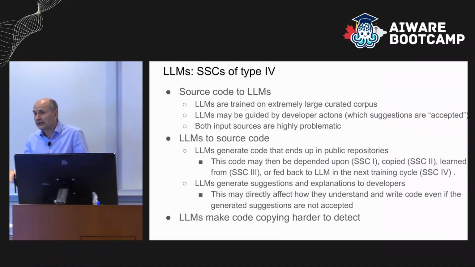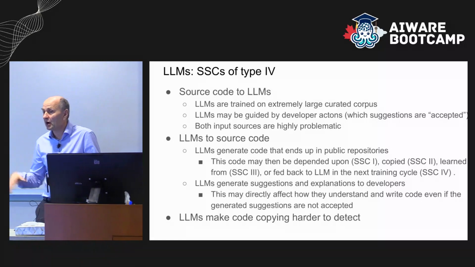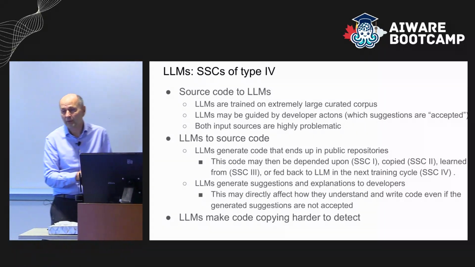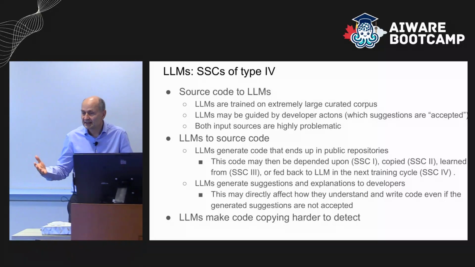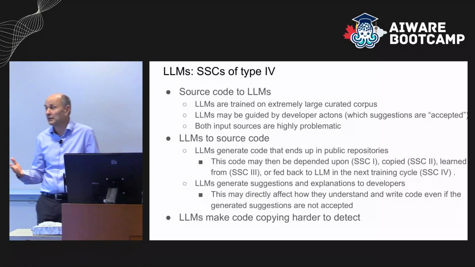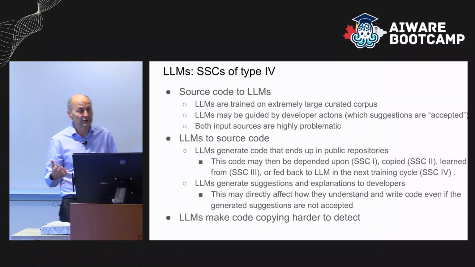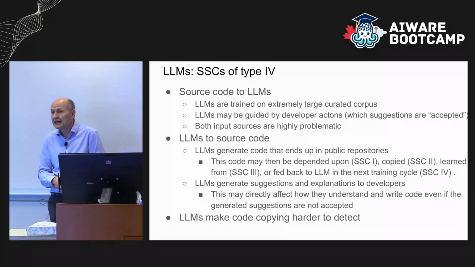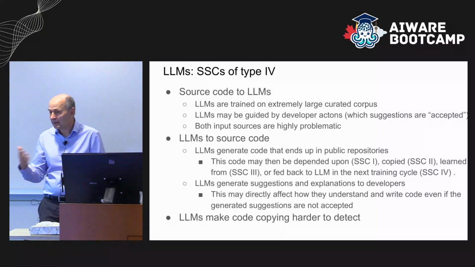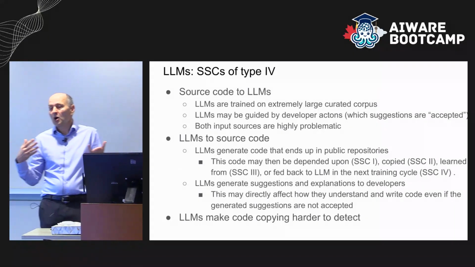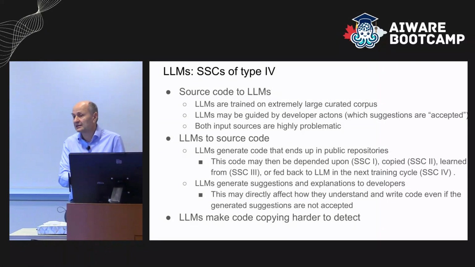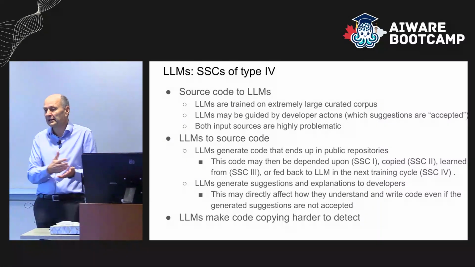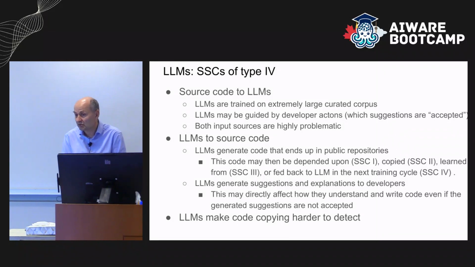In summary, LLMs are software supply chains of type 4 because they're different from other supply chains. They're trained on large curated corpuses. They may be guided by developer actions as well through adversarial learning. People accept or not accept, but both inputs are highly problematic. Then this code is being generated, so that's the supply chain transfer from LLMs back into the public repositories.